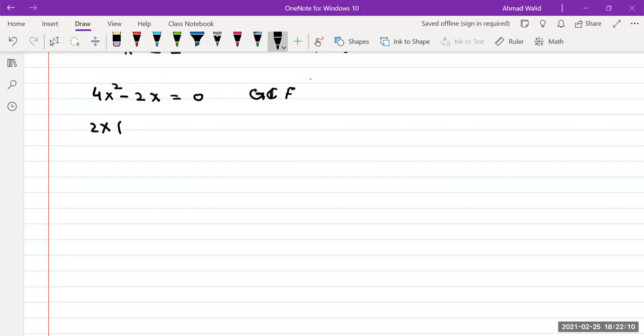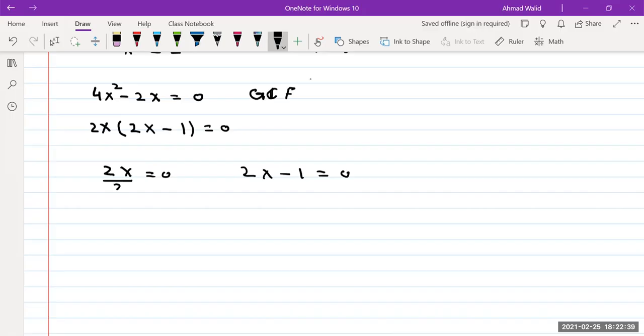Now open a parenthesis. 4 divided by 2 gives you 2. X squared divided by x gives you x, minus 2x divided by 2x gives you 1, equals 0. Now, using the zero product principle, I can write 2x equals 0 and also 2x minus 1 equals 0.